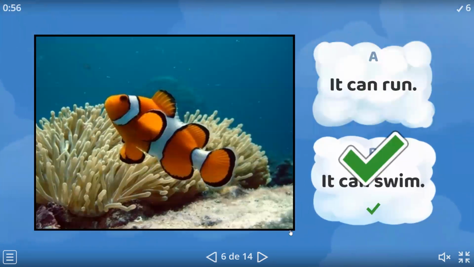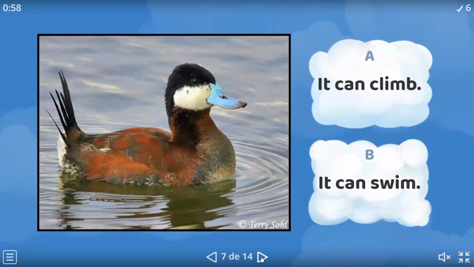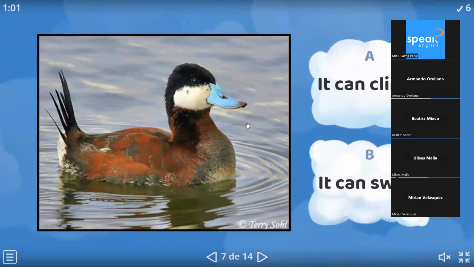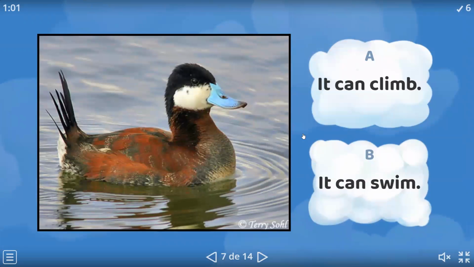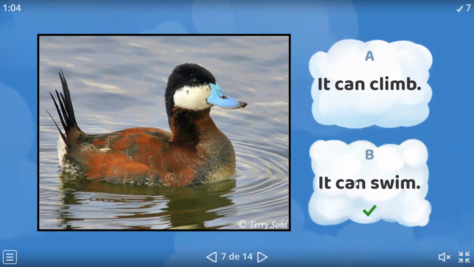That is a fish, right? That's easy. Is it the clown fish? No, what is it? It can swim. And the name? A duck. Yes, it's a duck. And it can swim.